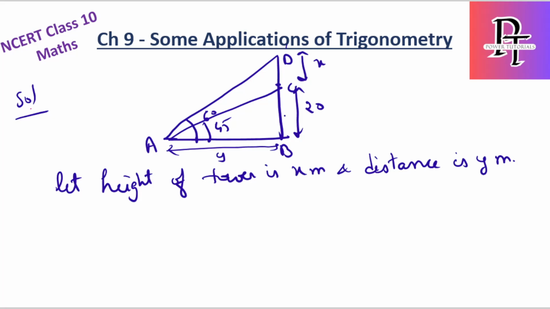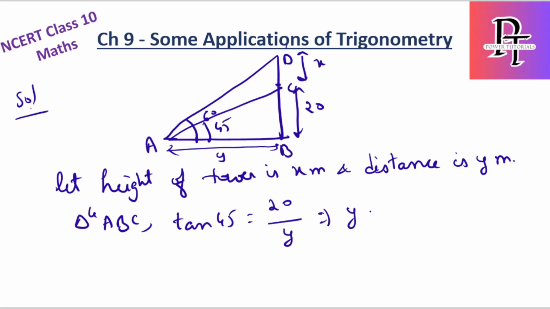So the small triangle is ABC. In triangle ABC, tan theta is opposite by adjacent. So tan 45 is equal to opposite 20 by adjacent, which is AB, y. So y is equal to 20 by tan 45. The tan 45 value is 1, so y is also 20. So we got the y value, which is 20.